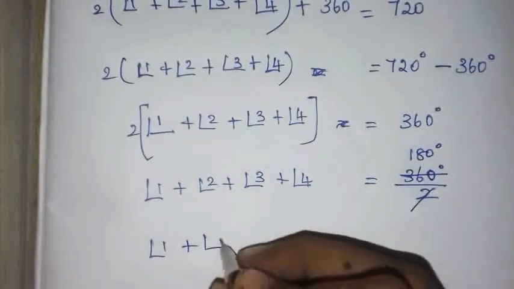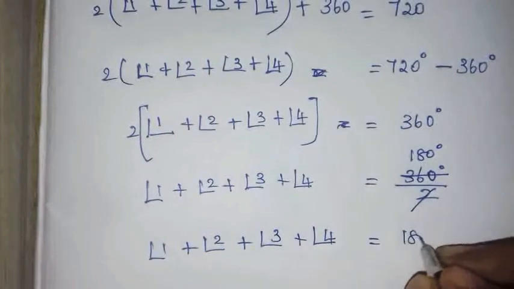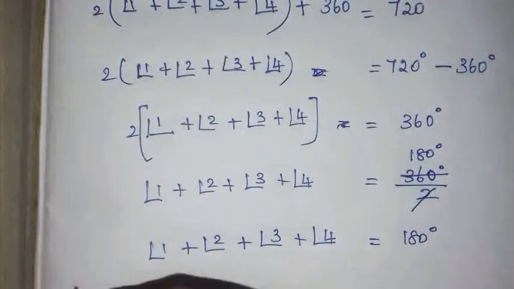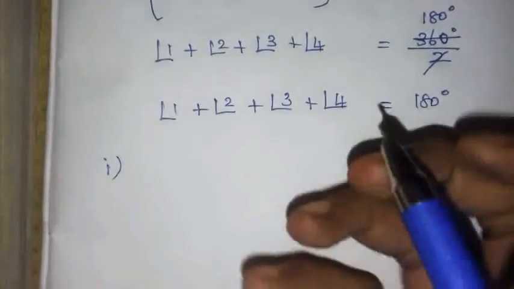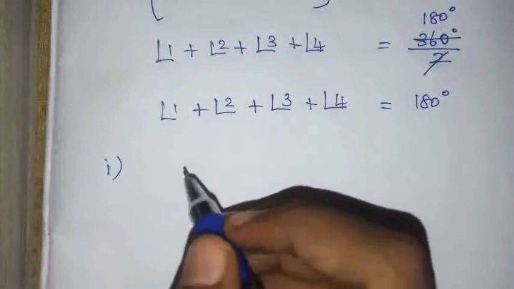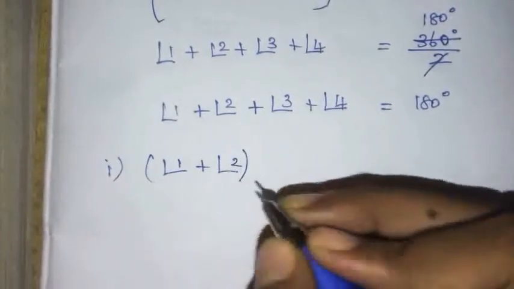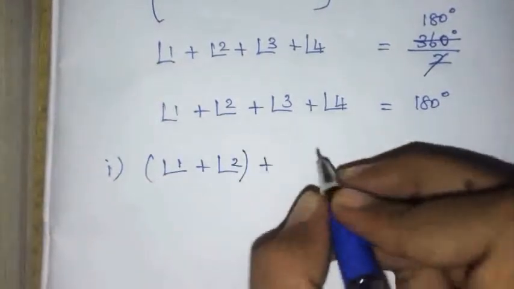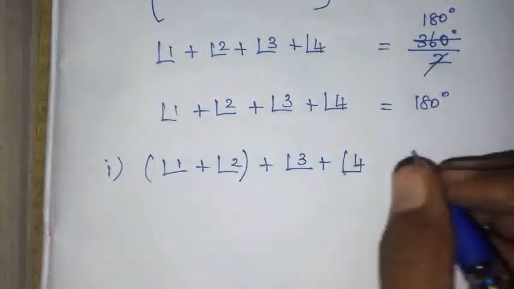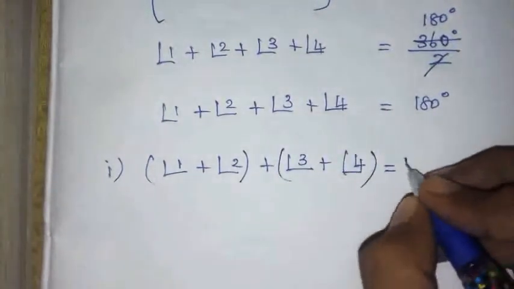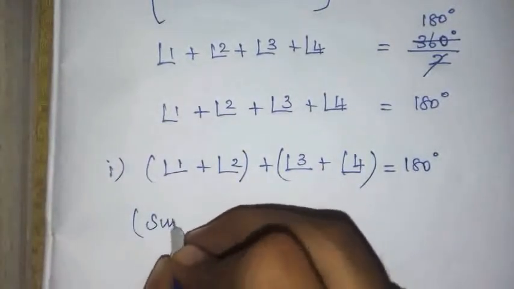So angle 1 plus angle 2 plus angle 3 plus angle 4 is equal to 180 degrees. Now we group this into two terms: angle 1 plus angle 2 as one group, plus angle 3 plus angle 4 as another group, equal to 180 degrees.